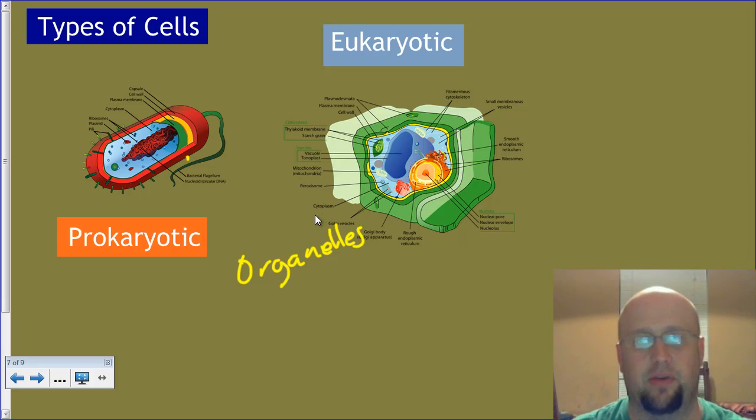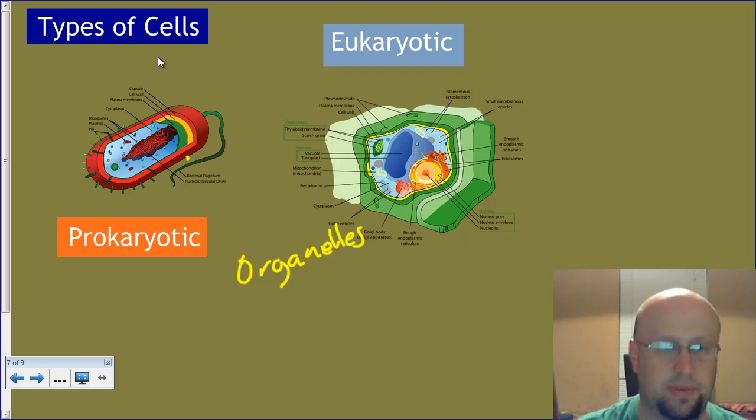Okay, so like we have organs in our body like our liver and our heart and our lungs, and they all perform different functions. And eukaryotic cells have all of these, you see all these little arrows here, pointing to all of these little different organelles that each have a very specific function within the cell. Prokaryotic cells are much simpler than that. There's 2 main types of prokaryotic cells.